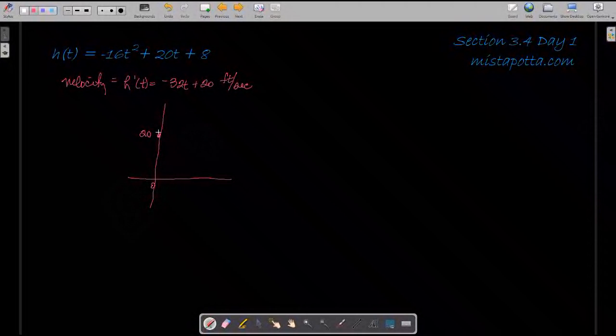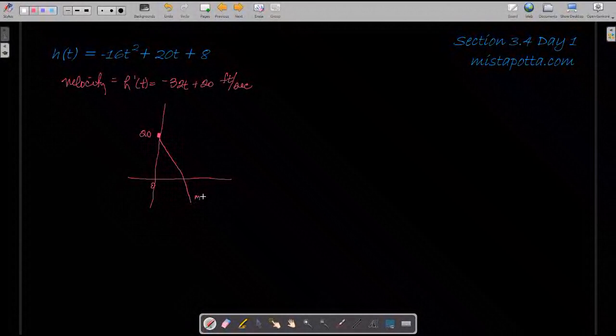And my velocity is going to come down at a slope of negative 32. That really is the rate of change of my velocity. That number has a very special meaning, which we'll talk to in just a few minutes.